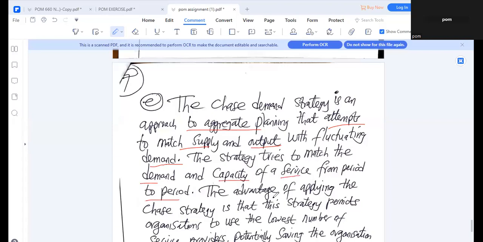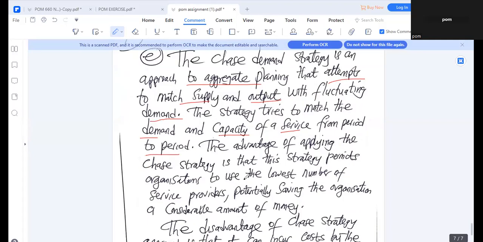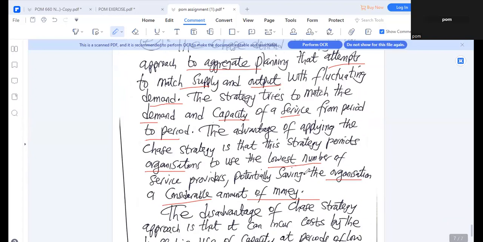Now, the advantage of applying the chase strategy is that it permits organizations to use the lowest number of service providers, potentially saving the organization a considerable amount of money. So you're trying to make sure that you produce as per demand, and you are also trying by all means to minimize expenditure. So you fire as many workers as possible, or you hire as many workers as possible if you want to meet the demand.